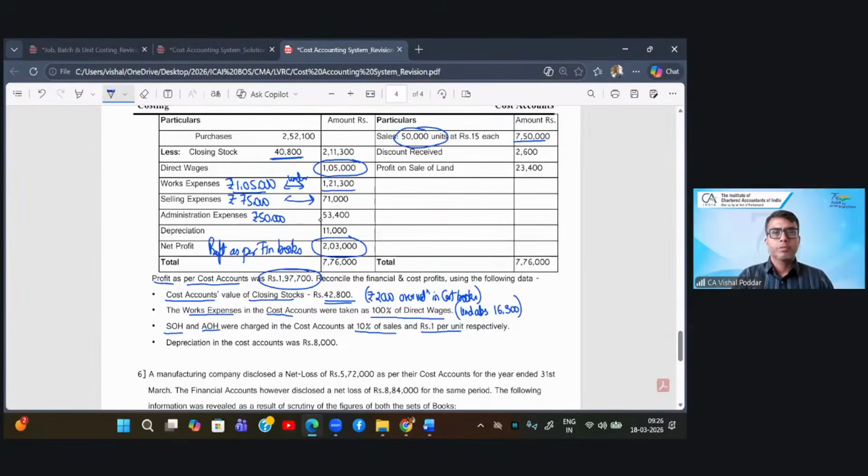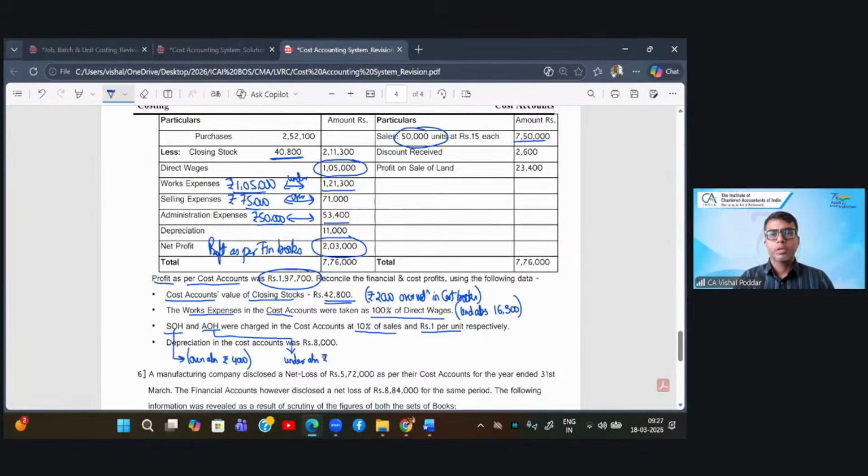Now the difference between this is your under or over absorption. Now here costing is more, so it is over absorption. So I will write for selling overheads, it is over absorption. How much? The difference is 4,000. For administration overheads, 50,000 and 53,500, it is under absorption.